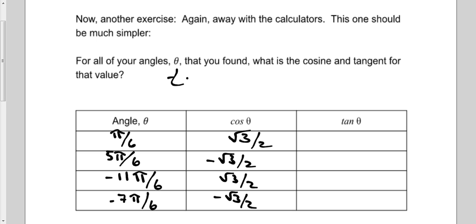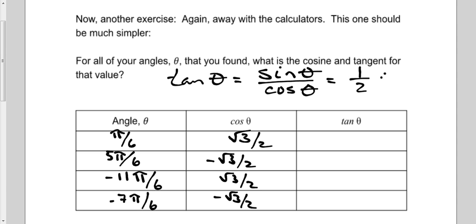So tangent of theta equals sine of theta divided by cosine of theta, which in this case equals, I know my sine's always 1/2, right? So 1/2, I'm going to do my divided by like this. And then what am I dividing by? Plus or minus root 3 over 2?